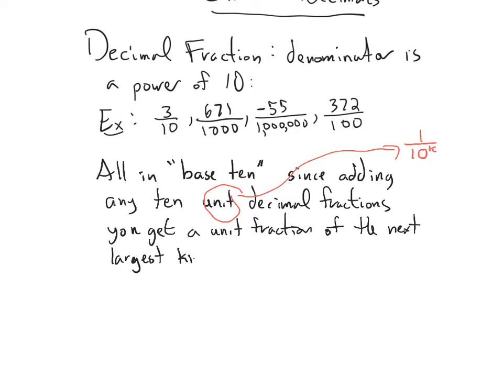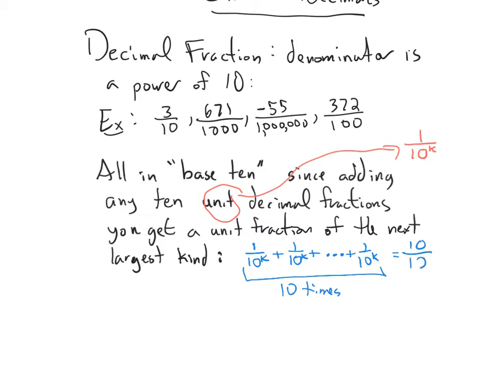What do I mean by that? So if I add up 1 over 10 to the k, 10 times, well, what do I get? I get 10 over 10 to the k. The denominator is the same. You just add your numerators.